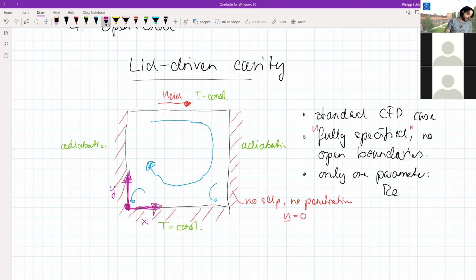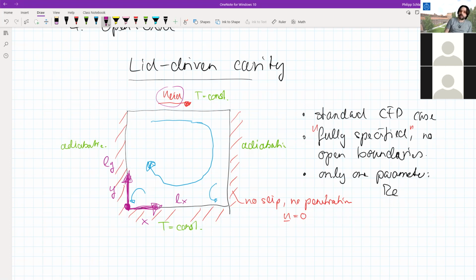Now the next step would be, okay, I need to define some sizes. I need to somehow define my geometry. And of course, this box here would have a length in X and a height in Y, so Lx and Ly. And then, of course, I have the various velocities. So I have the lid velocity, and I have the temperature on the top and the temperature on the bottom. These are physical values that I know I need to specify in order to run this case in a simulation.